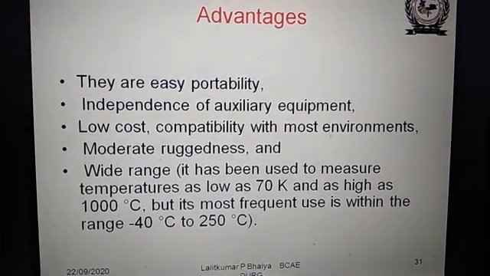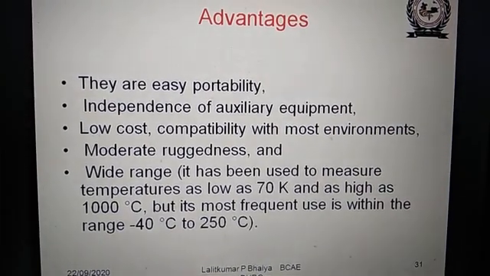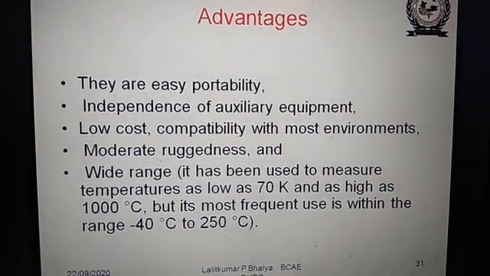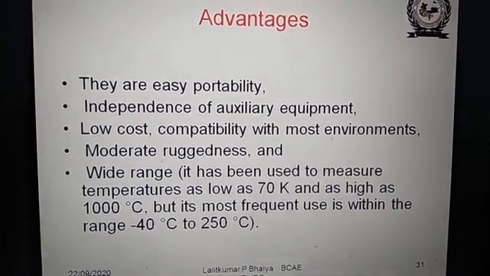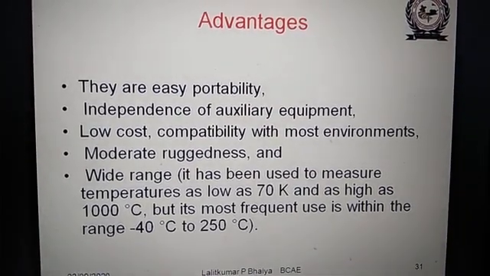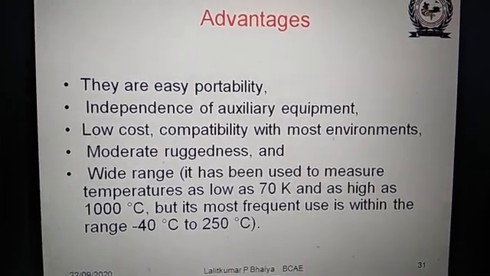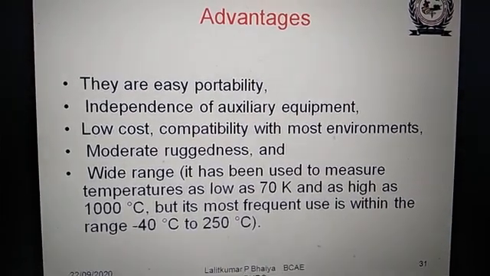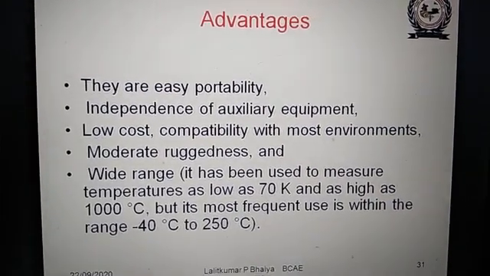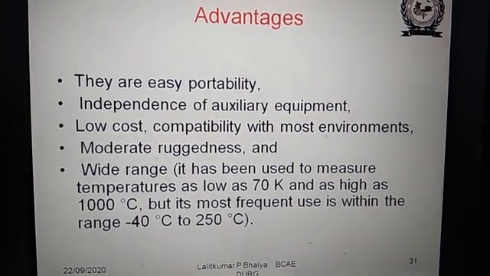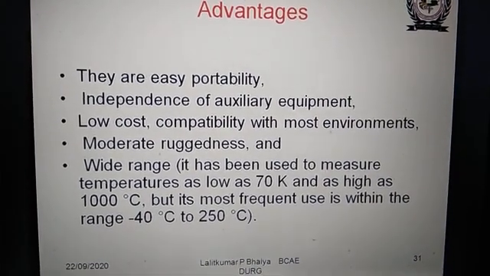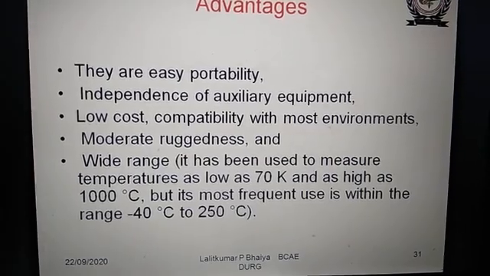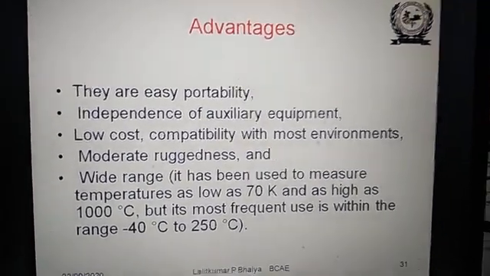It has been used to measure temperature as low as 70 degree Kelvin and as high as 1000 degree centigrade. But its most frequent use is within the range from minus 40 degree centigrade to 250 degree centigrade.